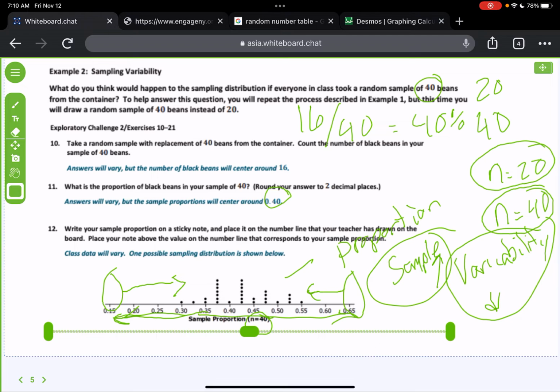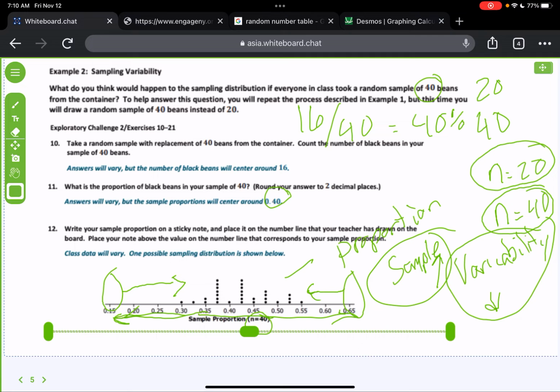If now you're taking a sample of 40, next you take a sample of 80. Let's think about it like this. If the entire school has 100 kids, and we sample 20 of them, that'd be 20%. Is that as good a representation as it would be if we surveyed 50 of them?